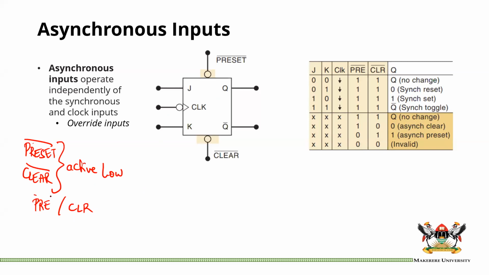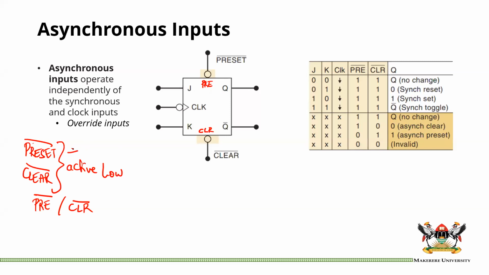Sometimes you'll find PRE and CLR with no bar. It means that once you have active low here, after the bubble you have active high, because that bubble shows an inverter. Anyway, these are asynchronous inputs in the sense that they will not wait for the clock. Once you set them, they will just operate.